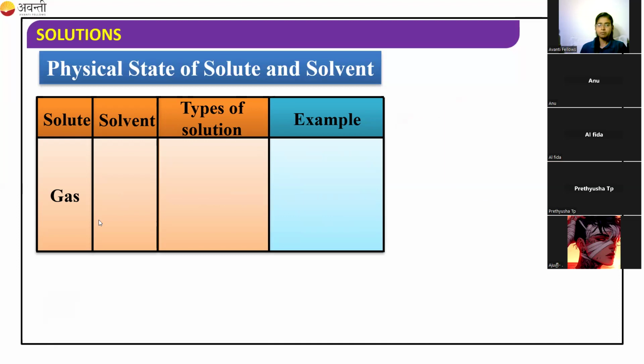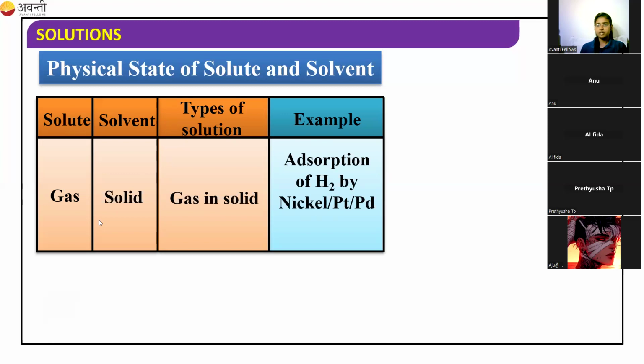Then the third type is gas as solute and solvent as a solid. So gas and solid. What can be the examples for this? Adsorption of hydrogen by nickel, platinum, palladium. Here nickel, platinum, palladium are d-block metals. Metals means they are the solid component, and hydrogen is a gas. The hydrogen gas is going to get adsorbed on the surface of the solid.